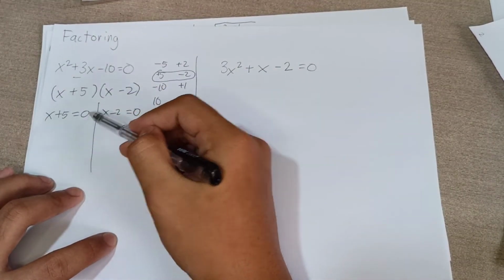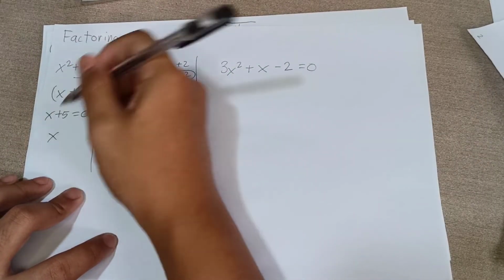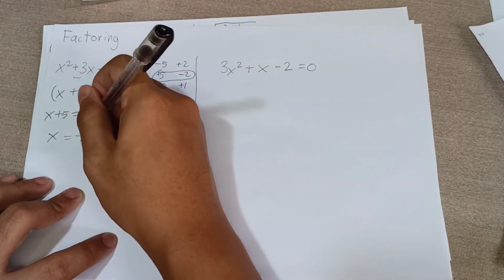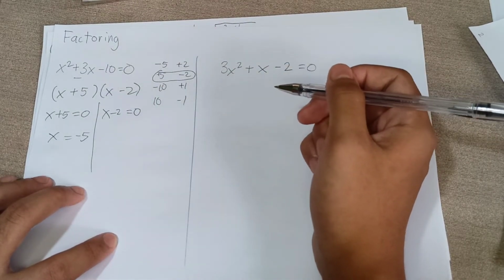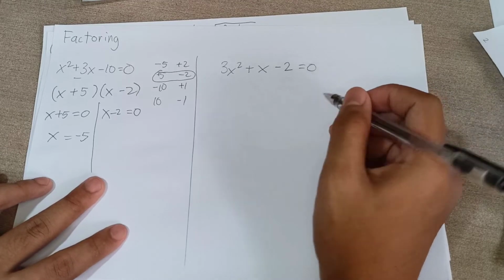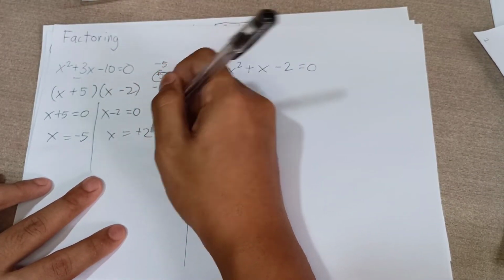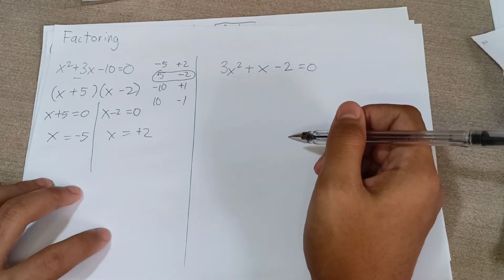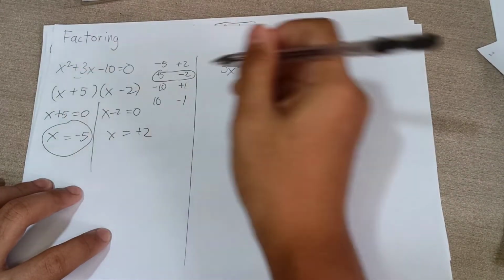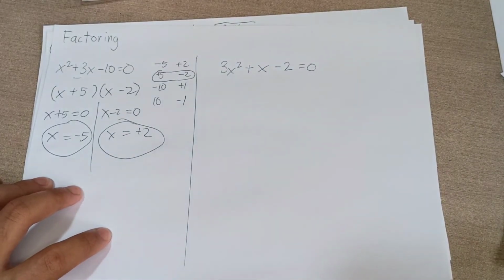On this part, we can subtract 5 from both sides, making x equal to negative 5. On this second part, we can add 2 to both sides, making x equal to positive 2. And that's our answer. x is equal to negative 5 and x is equal to positive 2.